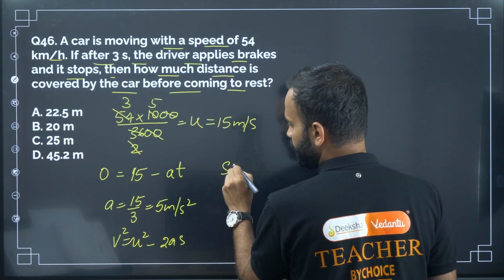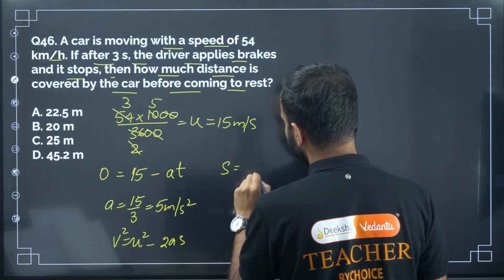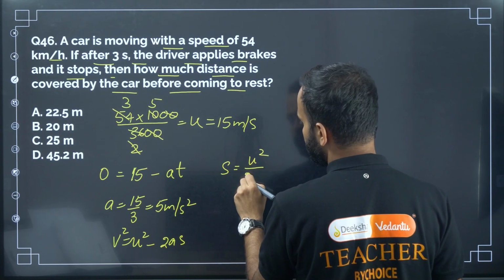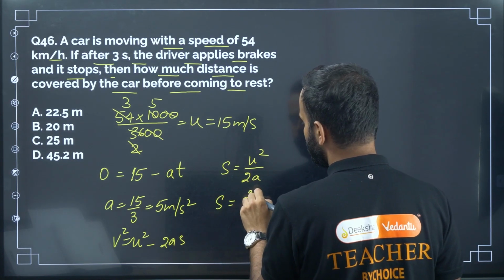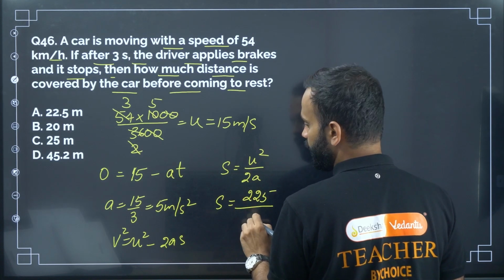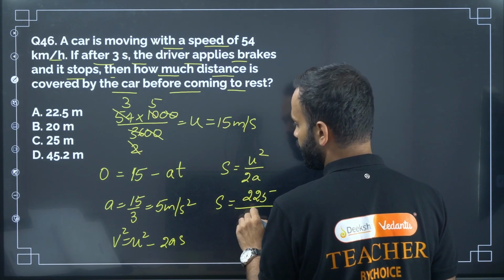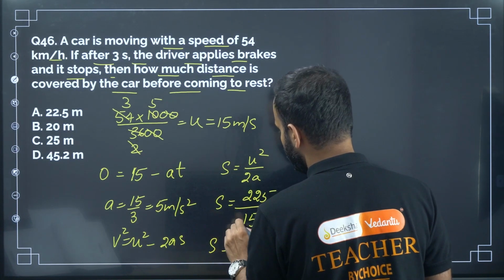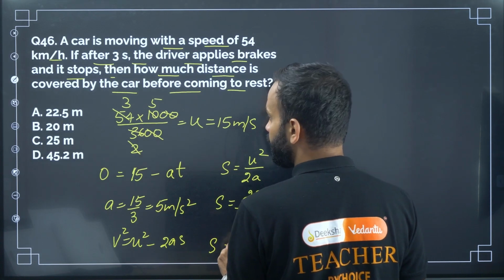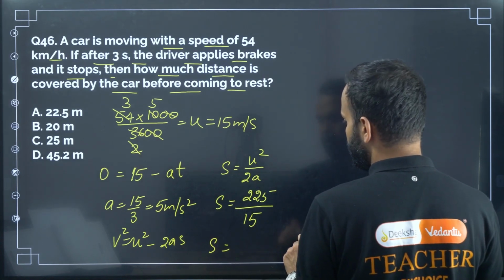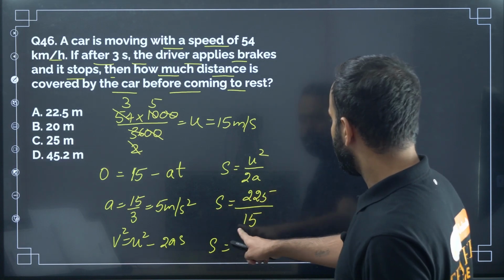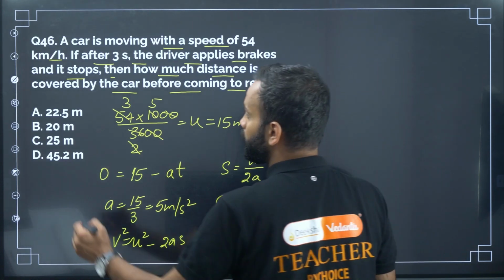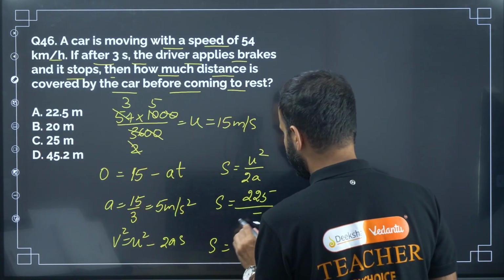Now s is equal to, V is 0 anyway, U square divided by 2 into A. S equals U square, 15 squared, that is 225, divided by 2 into A. A is 5, so 2 into A is 10.